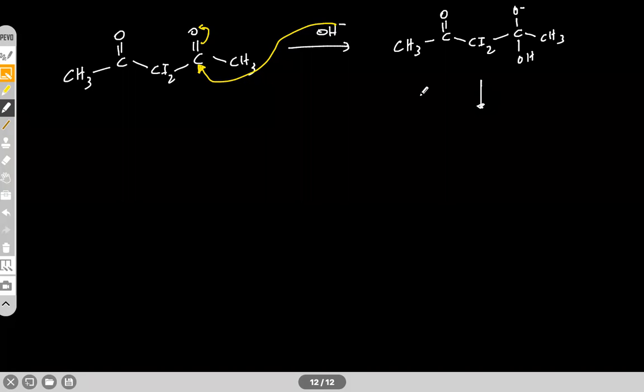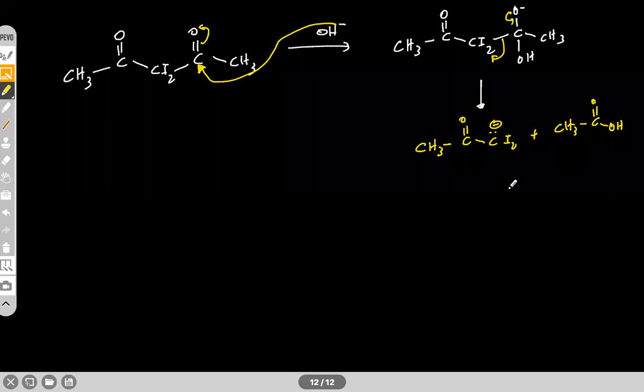In the next step, when this lone pair converts into pi here, then this goes out as a leaving group. CI2 minus is quite stable, because of minus I of iodine and resonance with C double bond O. So it can easily go out as a leaving group. So C double bond O, CI2 negative, plus we get here CH3, C double bond O, OH.